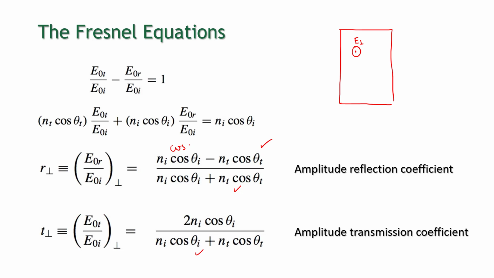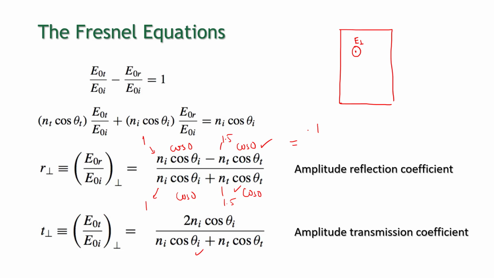cosine angle is 0 degrees, here 0 degrees, here also 0 degrees, and then our Ni incident is in air, so that's 1. This is 1.5. This is 1. That's 1.5. So what do you get?